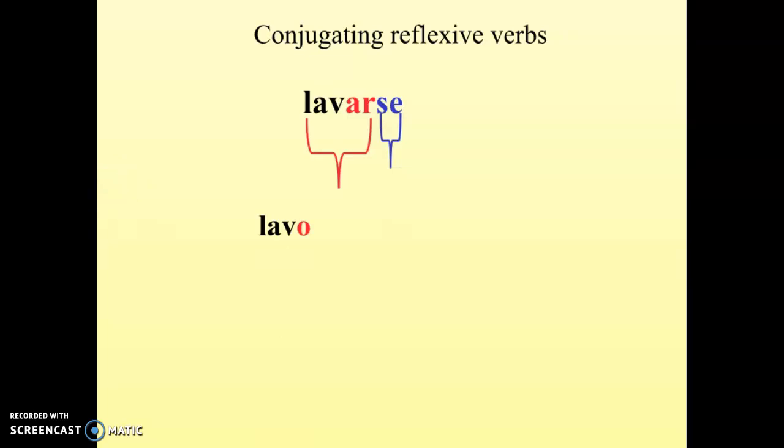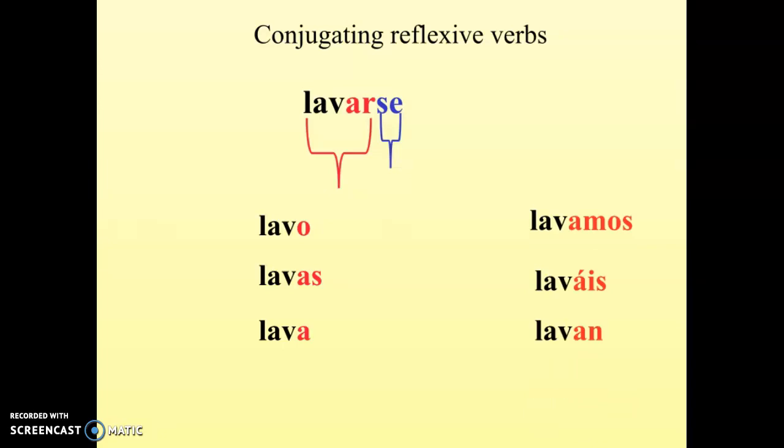Remember our present tense verb endings for AR verbs, which are o, as, a, amos, áis, and an. So first person singular: lavo, lavas, lava, lavamos, laváis, lavan.